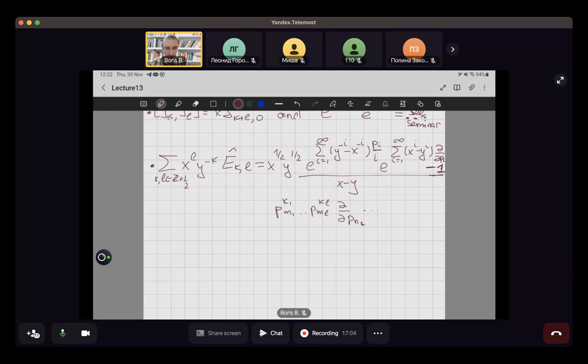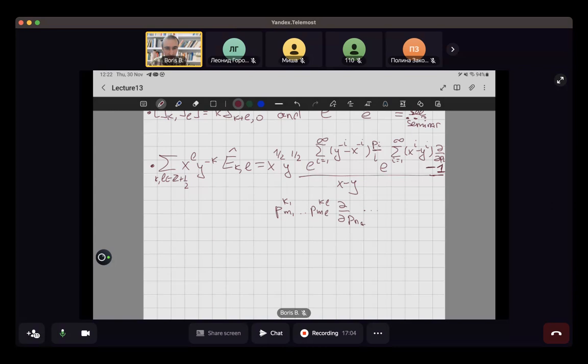And then it is a polynomial in x to the power 1 half and y to the power 1 half. And then E_{KL} hat is a coefficient in this polynomial in front of x to the power k, y to the power minus l.